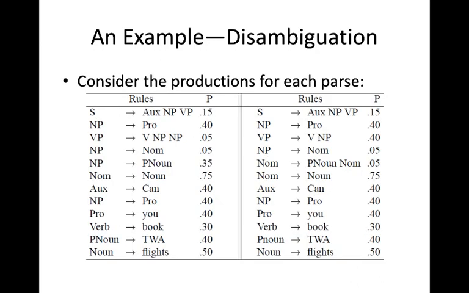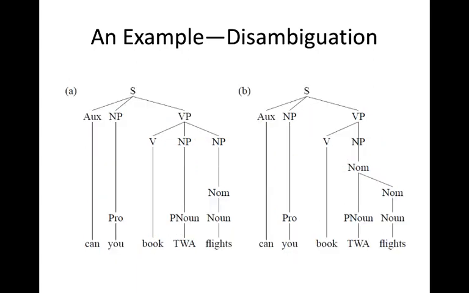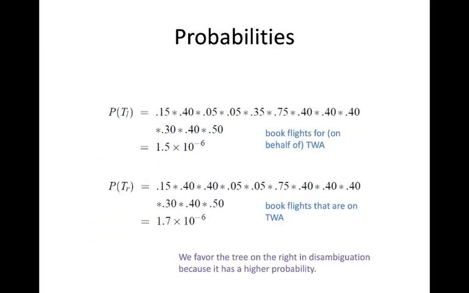And if you have such a grammar and you have these productions with these probabilities, then you can take the product of all of these numbers for this parse versus this parse, multiply everything together, and you get, for book flights on behalf of TWA, 1.5 times 10 to the negative 6.